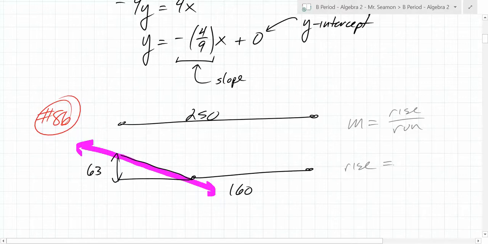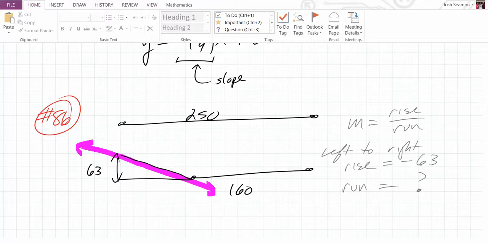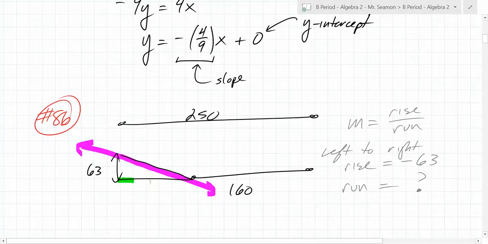In this case, if we're reading from left to right, what's the rise? Does it go up or down? Negative 60. Right now, if we go from left to right, it goes down 63. But we need to figure out what the run is. How do we figure out what the run is? How far over it goes. The run is, there you go. It's this distance right there.